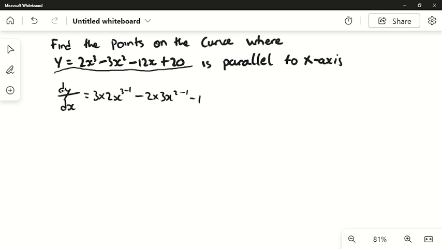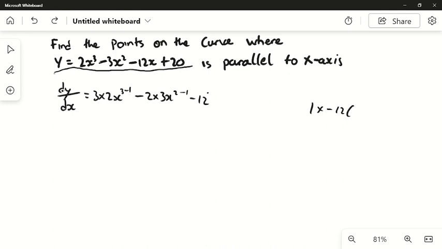So the power is 1, times minus 12, because if you bring 1 to multiply minus 12, it will be 1 times minus 12, and the power returns x to the power 1 minus 1. We are not supposed to put that bracket.